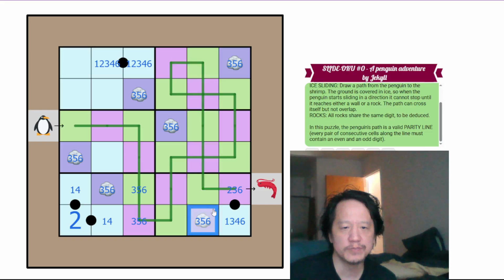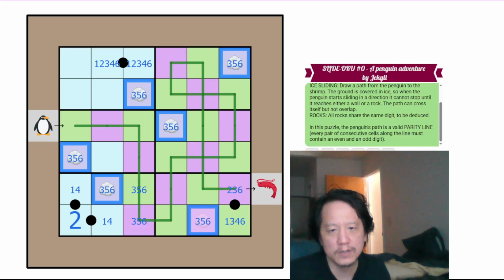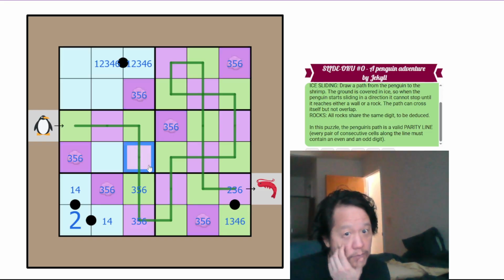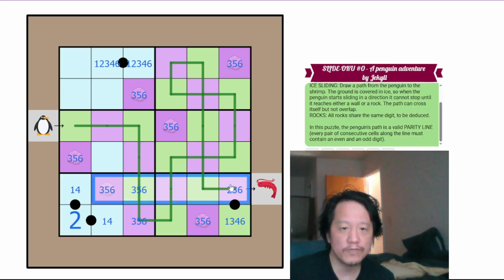So here, this must be pink. That leaves this as green. All the rocks are pink, so these are pink. We have 3 pinks here, so this must be green. These are opposite, so this must be pink, which means this has to be green here because we have 3 pinks in row 6.